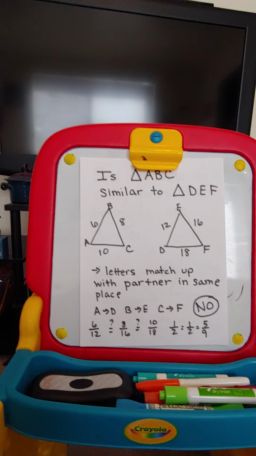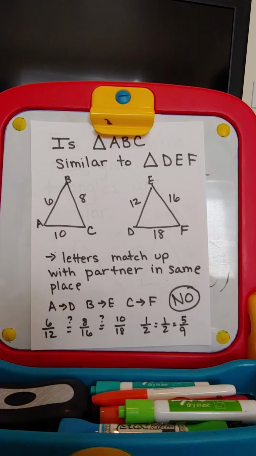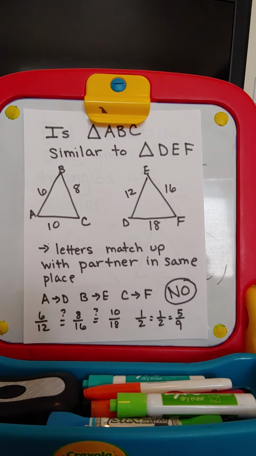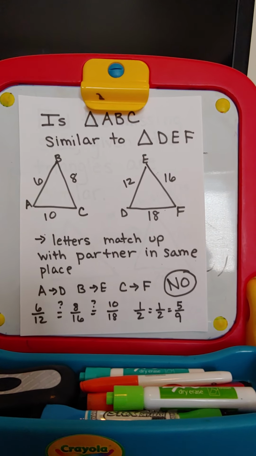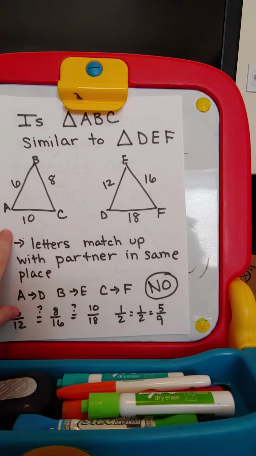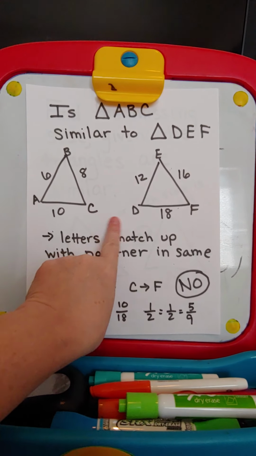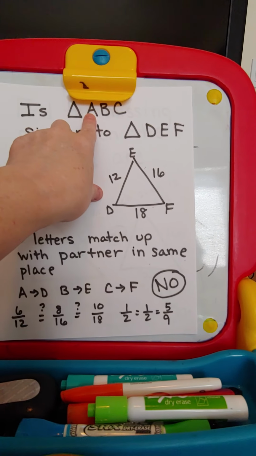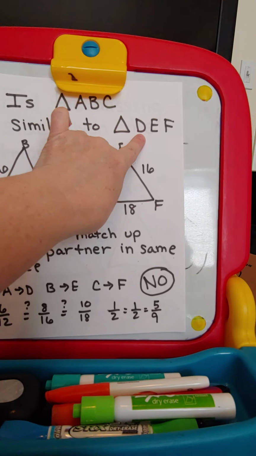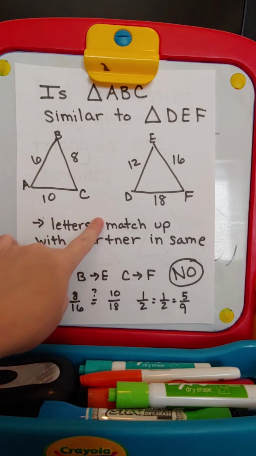Looking at this one, is triangle ABC similar to triangle DEF? In this case, when they give you the letters, they match up with the partner in the same place. So A matches with D, B matches with E, and C matches with F. So AB goes with DE. AB is 6, DE is 12.